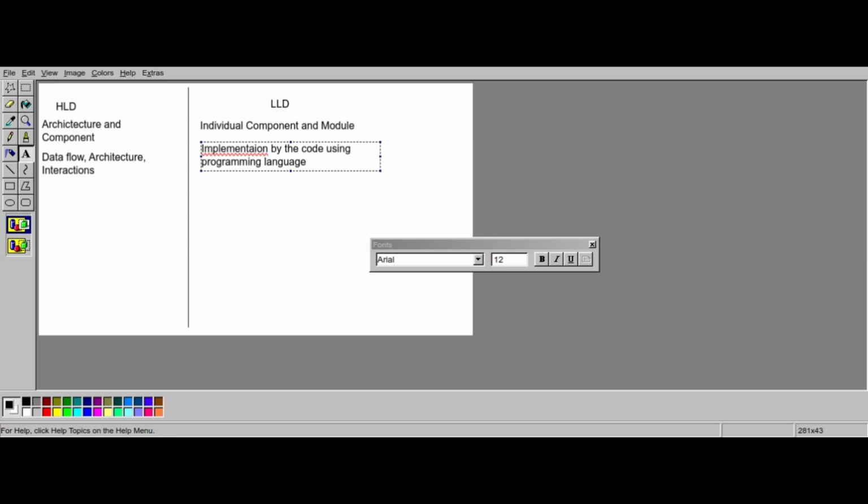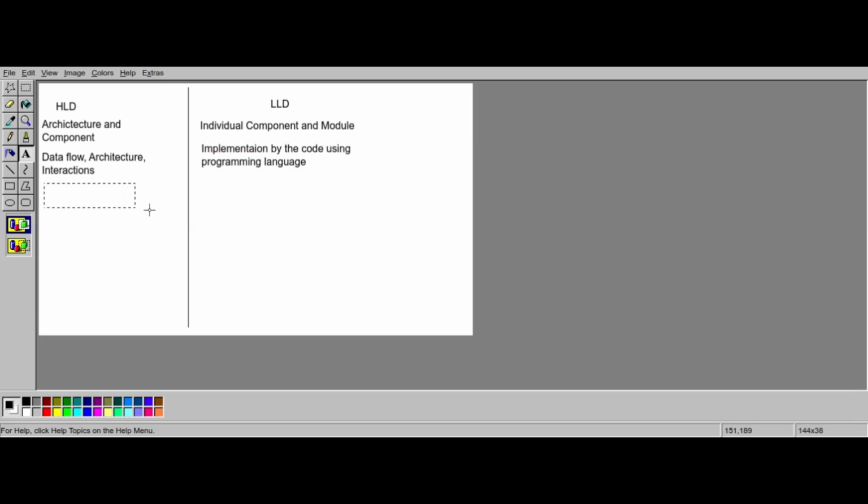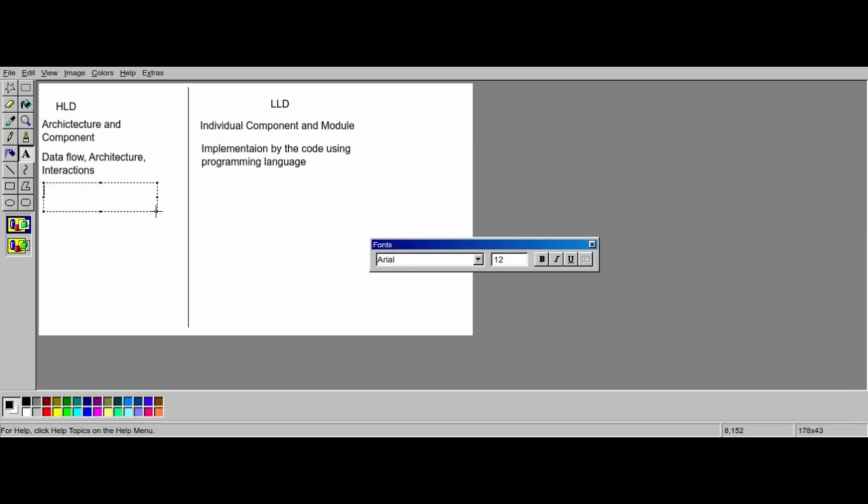Already I said class diagram, sequence diagram, detailed flowchart. Next, audience. Stakeholders, project managers, and developers look at the system overview. So in high level design, who is involved and who will check it?